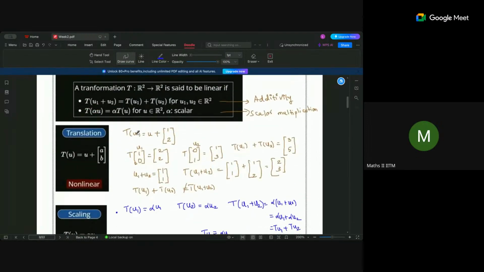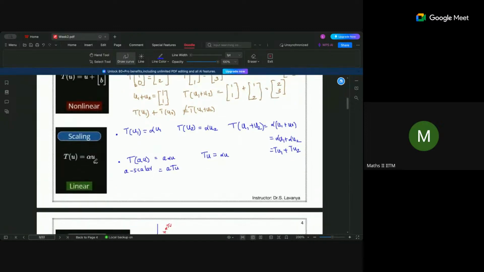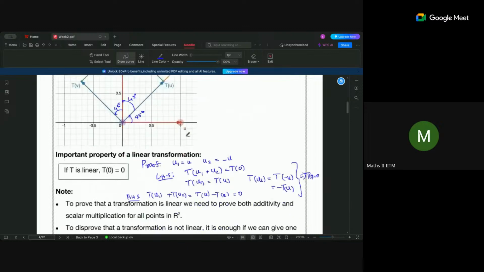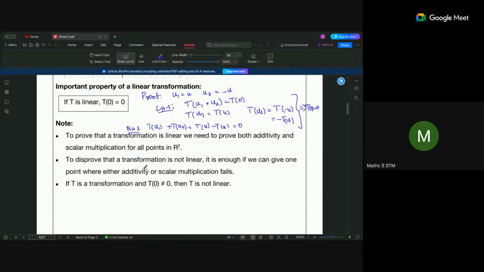We have just took a specific case where the additivity fails. Then we can say that it is non-linear. But to prove that it is linear, we took just a random point. It means we are proving for every point in R2. Okay. So this is the general concept for checking a linear transformation.